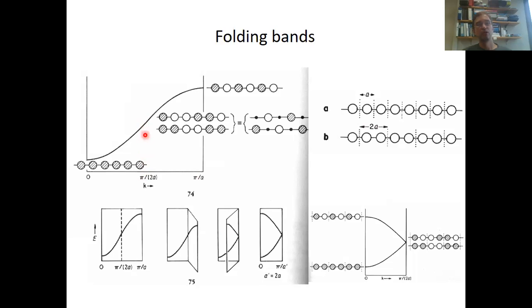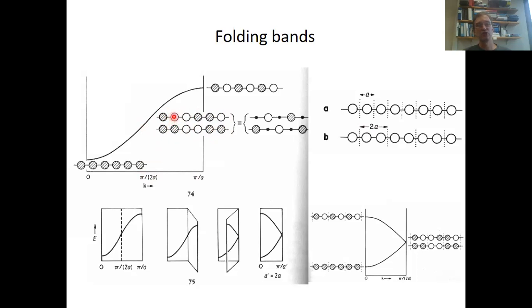So now at this position, pi over 2a, we would find the exactly non-bonding crystal orbitals. That would be this one here, and that would be this one here. So in both of these, the bonding and the anti-bonding interactions exactly cancel out.